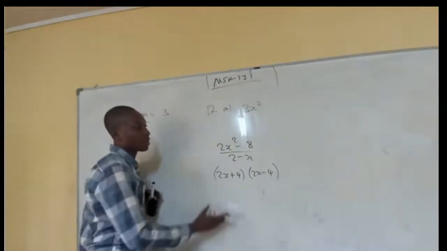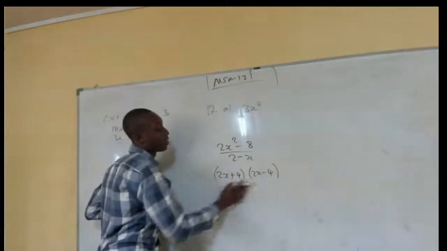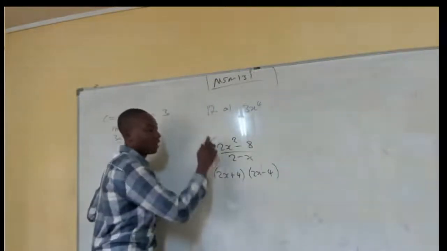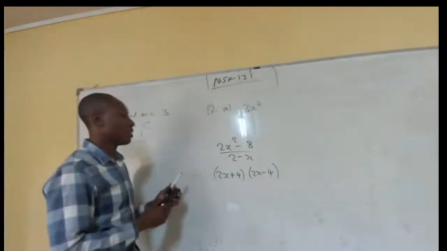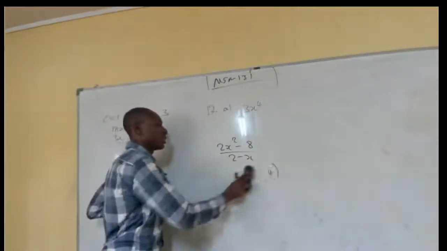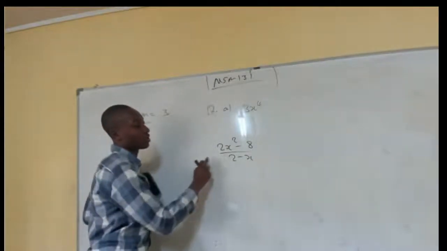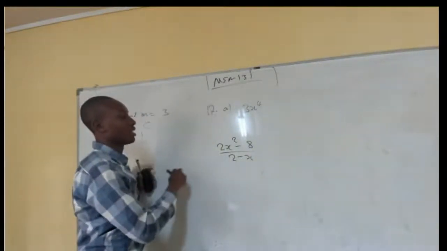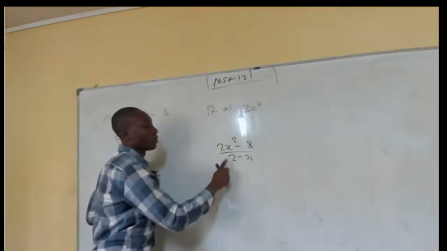For starters, one thing you need to know is that this particular value here is not equivalent to that. So what we'll basically do is, instead of expanding, we know we cannot factor out the 2x squared minus 8. We can actually rewrite this, and we can also rewrite that.